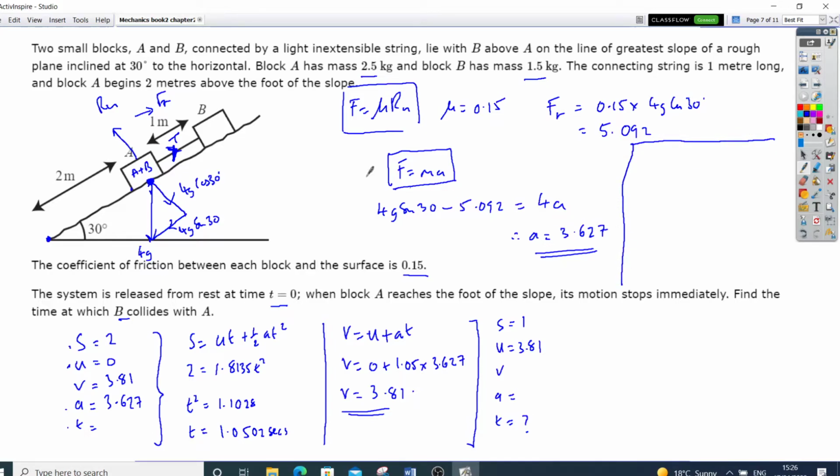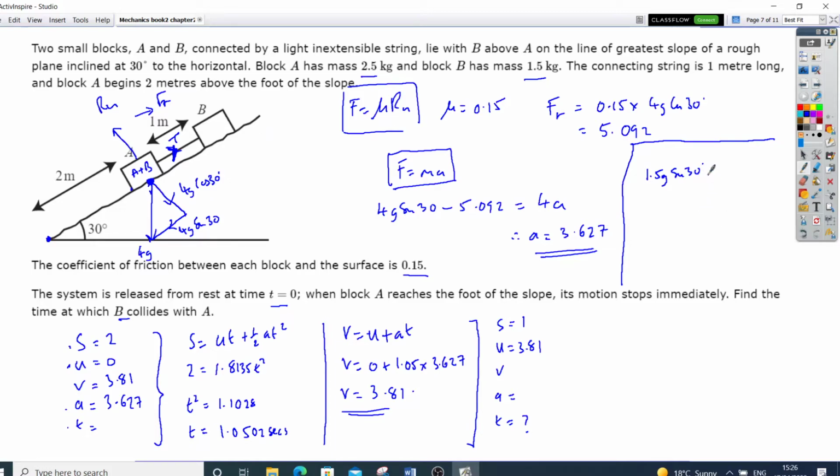I might not have, but let's check what my acceleration is. If I concentrate on the B particle, that's just going to be coming down. The weight component of that is going to be 1.5 g times sine 30. So that's what that's coming down as, 1.5 g sine 30.